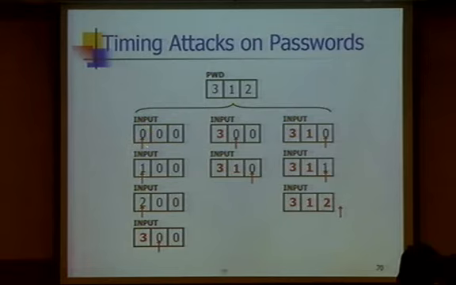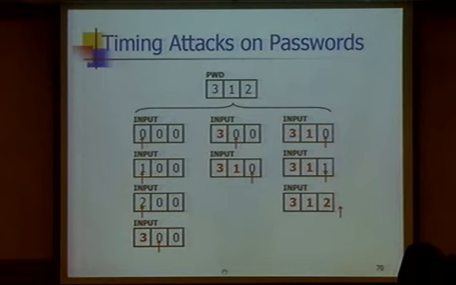This character is not equal because the input is not equal to the stored one, so the program will display the error message. Then the attacker inputs 100. The first character is also not equal to the stored password, so the system displays the error message.